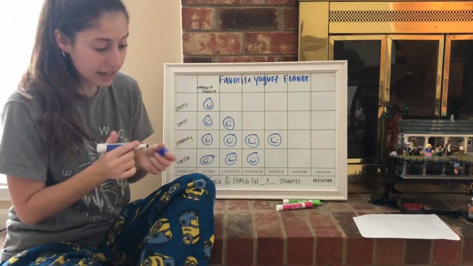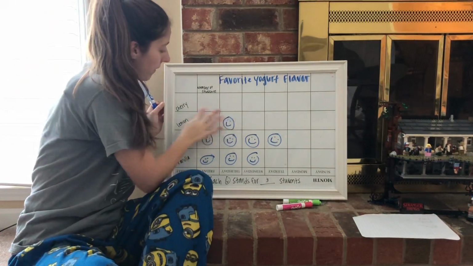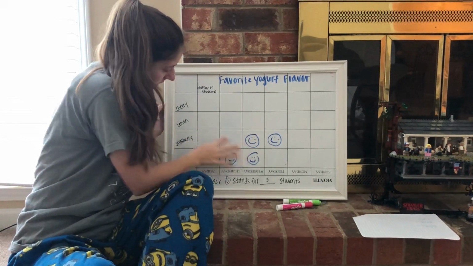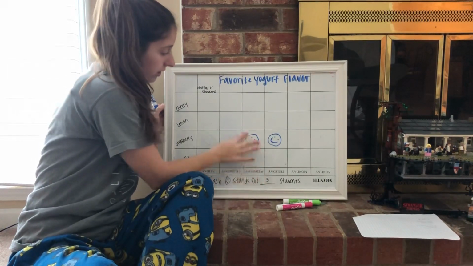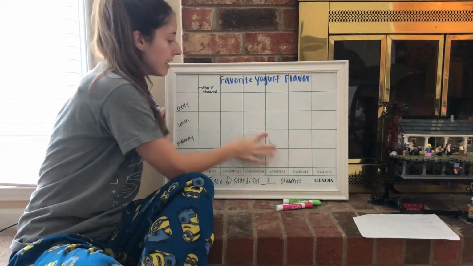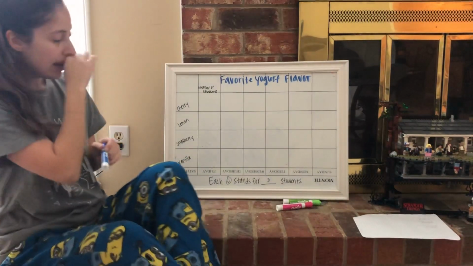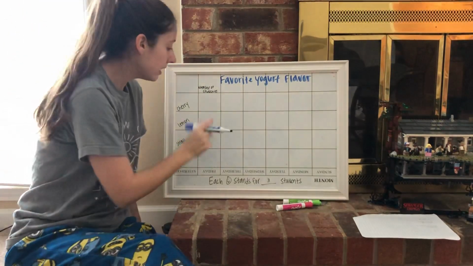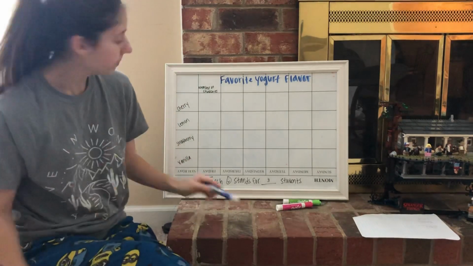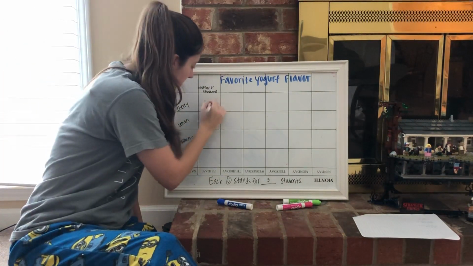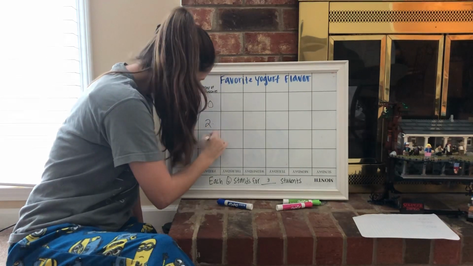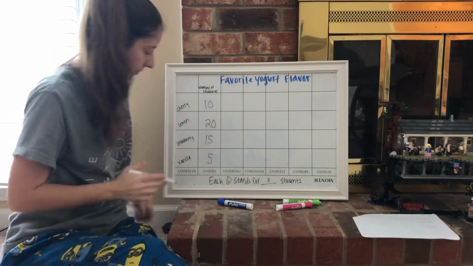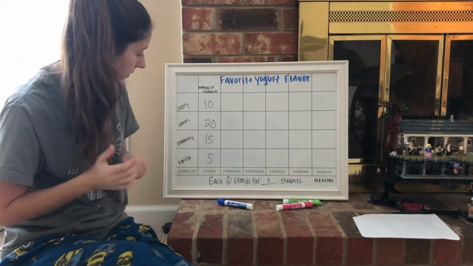Now, say that we do the study again and we find different data. Could really use an eraser. So say I do the study again, and instead of asking my classmates, I ask my friends, and they say something like 10, 20, 15, 5.